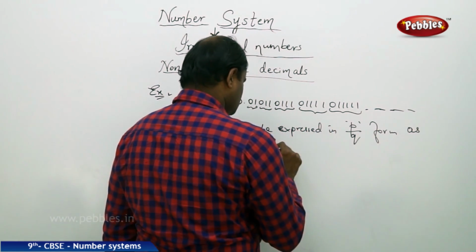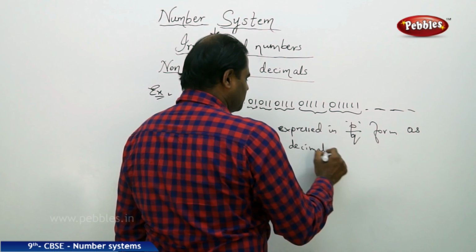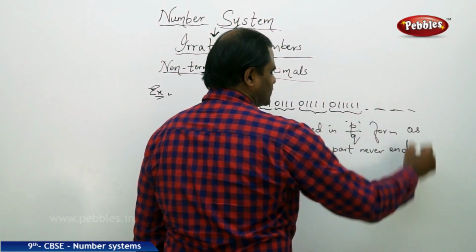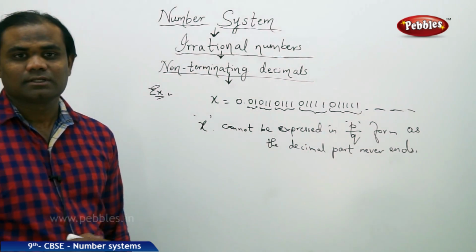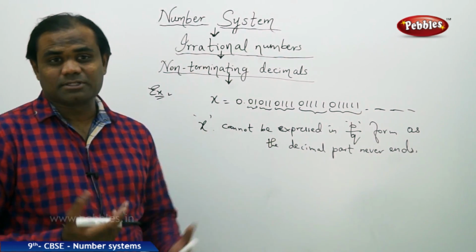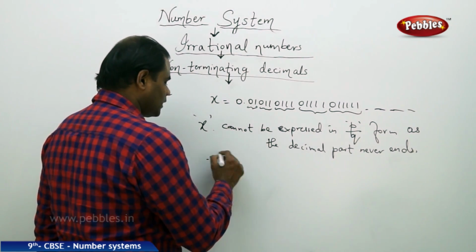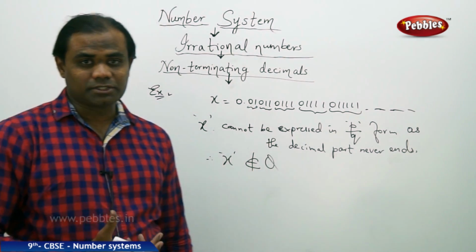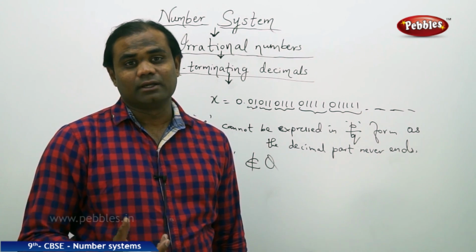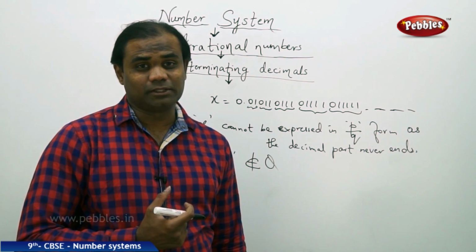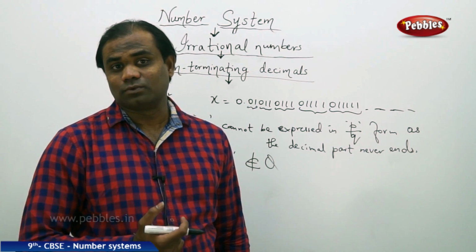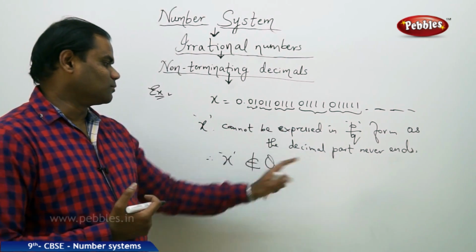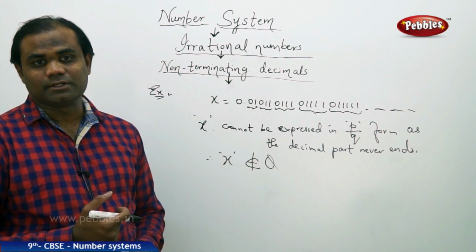As the decimal part never ends, and because it cannot be expressed in p by q form, therefore X cannot be a rational number. In order that it should be a rational number, the first essential thing is that it should be expressed in the form p by q, with test 1 and test 2 being followed. But because it cannot be expressed in p by q form, X cannot be a rational number.